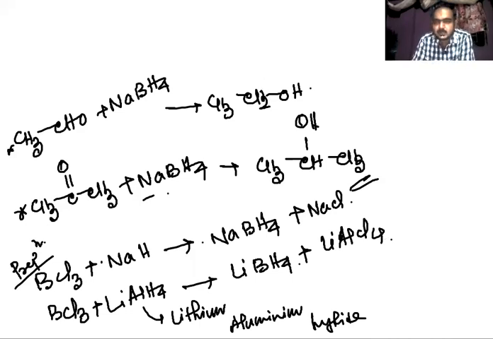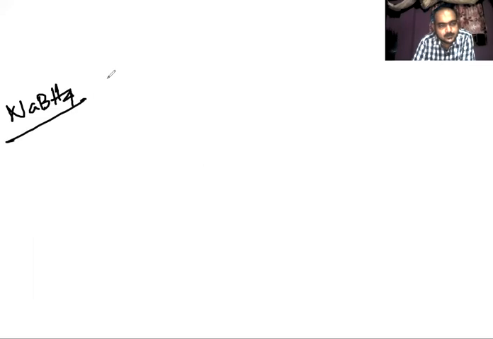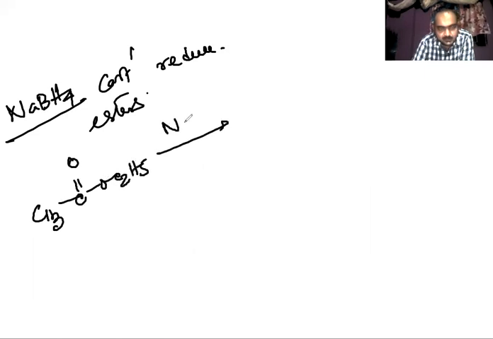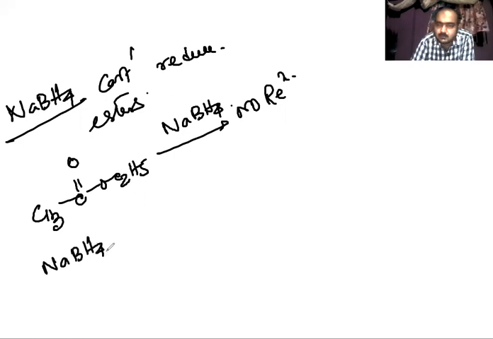NaBH4 can't reduce esters. You can see CH3COOC2H5: whenever you give NaBH4, it has no reaction. But we'll see in detail in the hydrides.